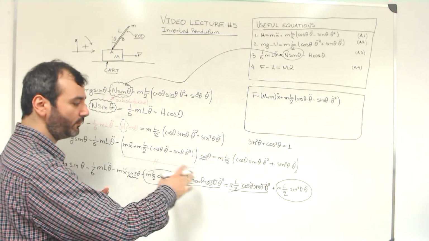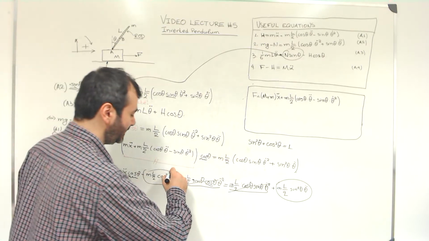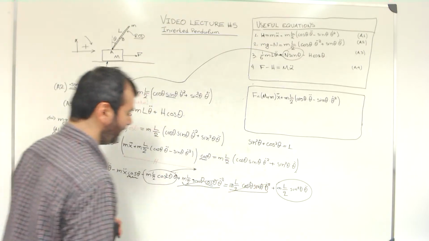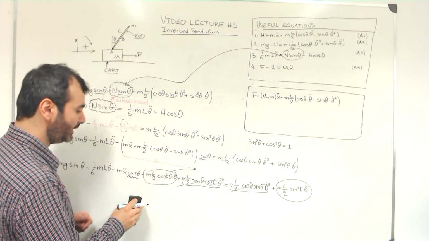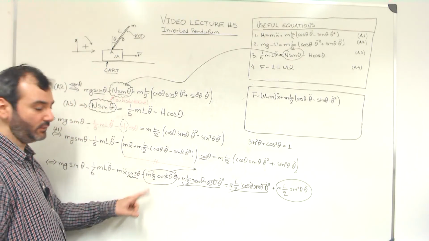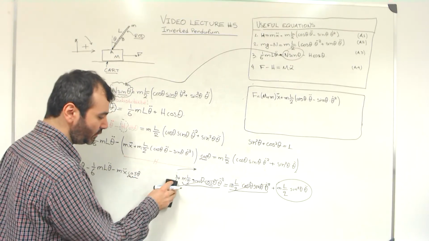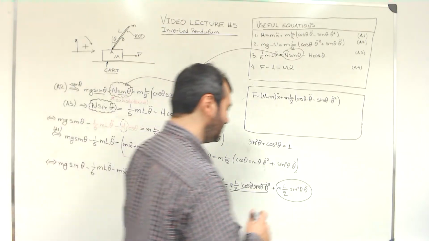So if we move one of the terms on the other hand side, so for example if we move that on the other hand side, so I will delete it from here, we have a minus sign, so it goes to the right hand side with a plus.